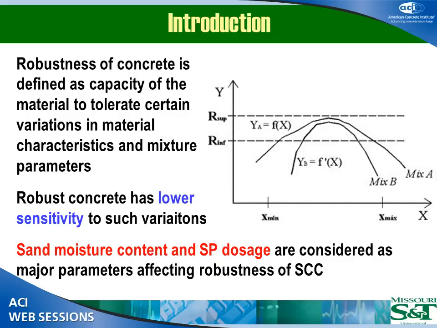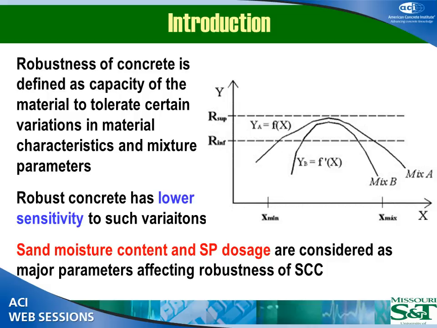A concrete that is robust will give you, within the variations of a parameter, let's call it water cement ratio, a lot of ability to vary that and still meet that criteria. This is what I would call a robust mix, versus a very narrow window of opportunity where the water cement ratio has to be controlled very tightly to be able to meet those criteria.